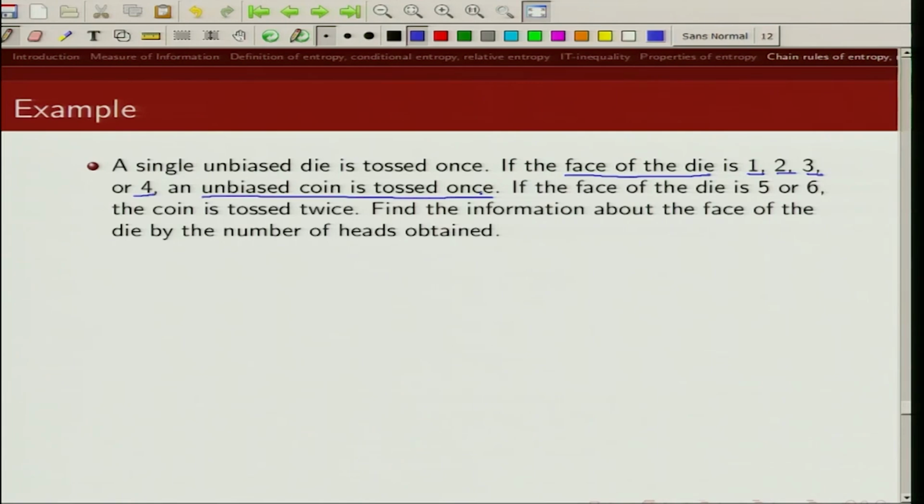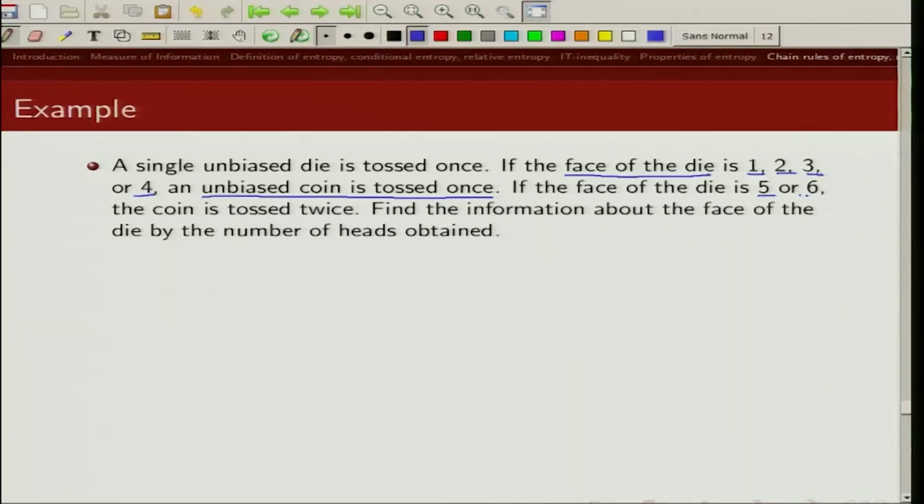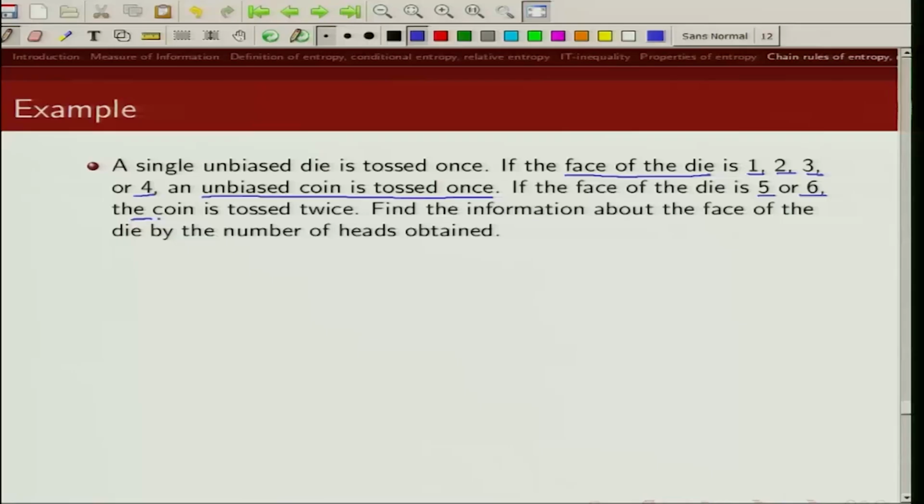What is an unbiased coin? An unbiased coin is a coin which has head and tail. If the outcome of the dice is 5 or 6, then I am tossing the coin twice. And this is the fair coin which I am tossing, an unbiased coin.